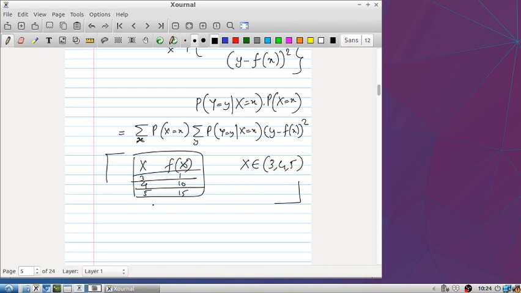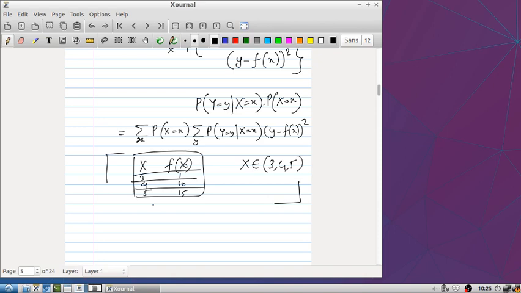The f of little x value that I assign to x equal to 3 has nothing to do with the f of little x value that I assign for x equal to 4. In a sense, I can separately optimize, separately figure out what f of x should be for every little x.